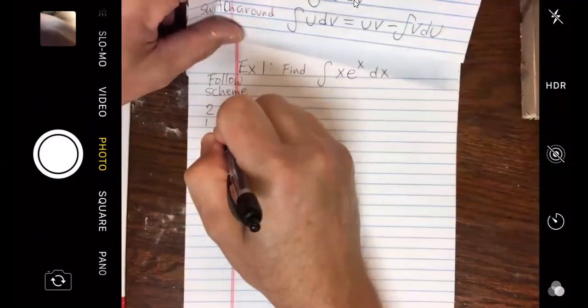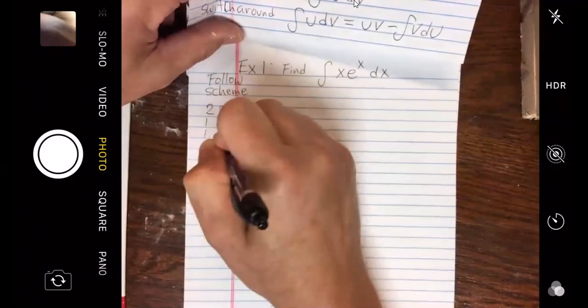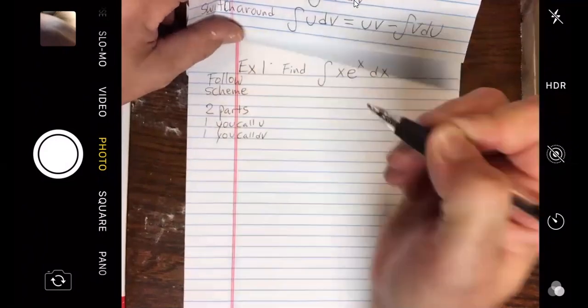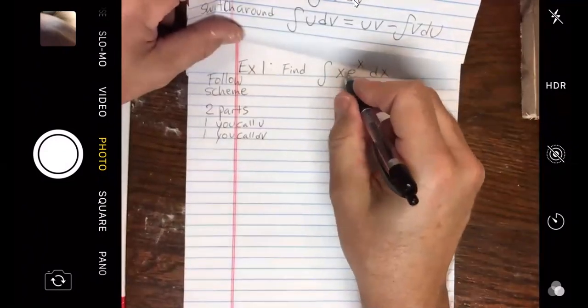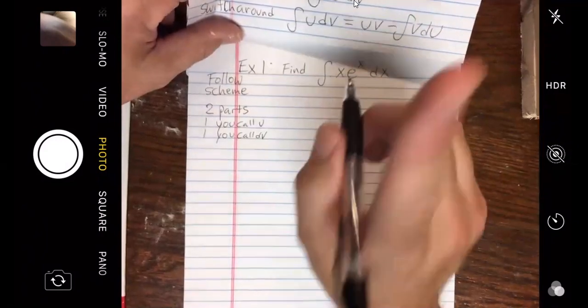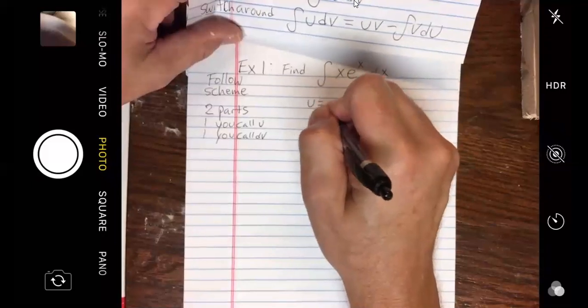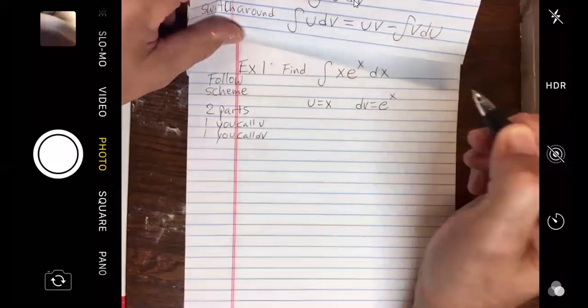One you call u and one you call dv. 90% of the time you want your u to be the polynomial, but 10% of the time you don't. So we'll point those times out. In other words, I'm going to call u equal x and dv equal the e to the x.